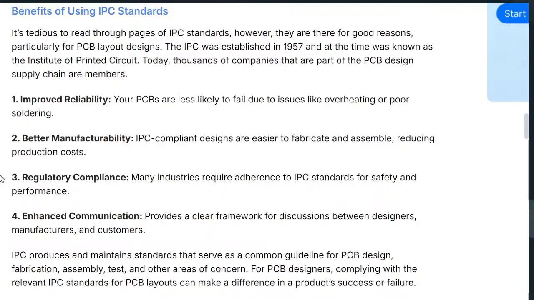There are many advantages of following IPC standards, like improved reliability, better manufacturability, regulatory compliance, and enhanced communication. We discussed the impedance formula. That's not only what I told; the characteristic impedance formula was clearly documented in the IPC sections, which means they did many experiments and then came to those conclusions.